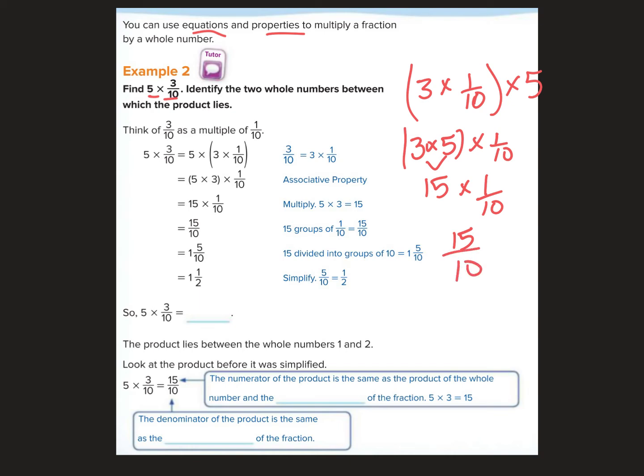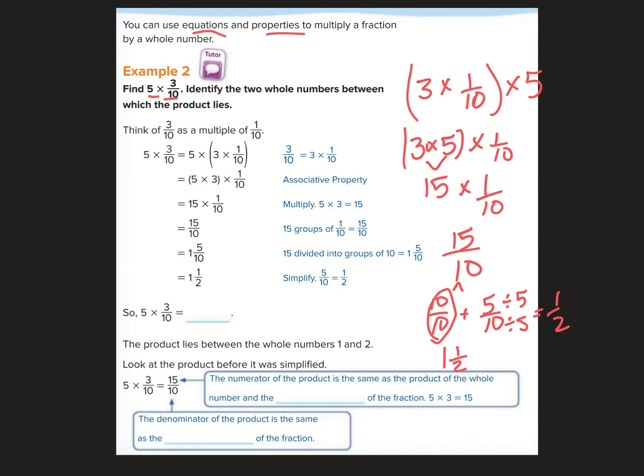Okay, I see that's an improper fraction, right? So what I can do is break that apart into 10/10 plus 5/10, and 10/10 is equivalent to 1. And then 5/10 I can reduce, dividing both by 5, and get 1/2.